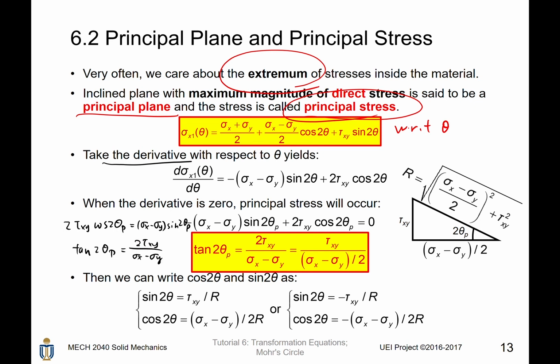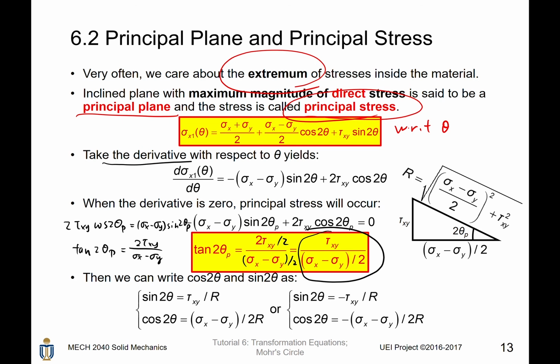However, instead of writing tangent 2 theta p in this form, we divide by 2 in both numerator and denominator for some reasons. I will tell you the reason a little bit later. So eventually you will get tangent 2 theta p equals tau xy divided by sigma x minus sigma y divided by 2.